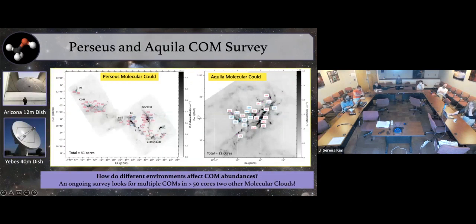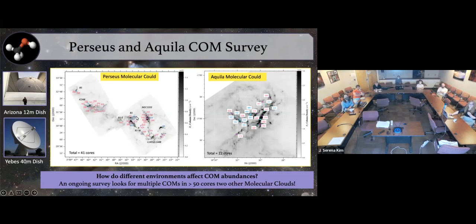So this leads to another survey that I'm doing and currently ongoing, again with the Arizona 12-meter dish, but also we have time this summer with another telescope in Spain, the IRAM 30-meter dish, that will look at a subset of these cores in greater detail for even more complex organics. But for now, we're just looking again at methanol and acetaldehyde. And in the Perseus Molecular Cloud, those objects that are labeled in pink have already been observed.